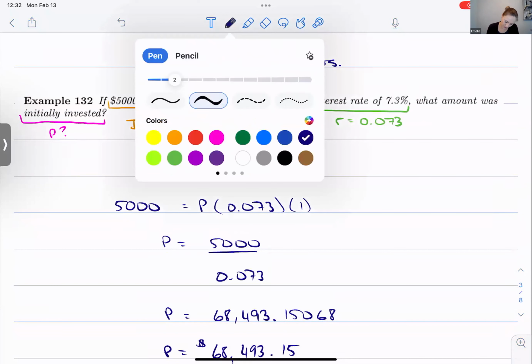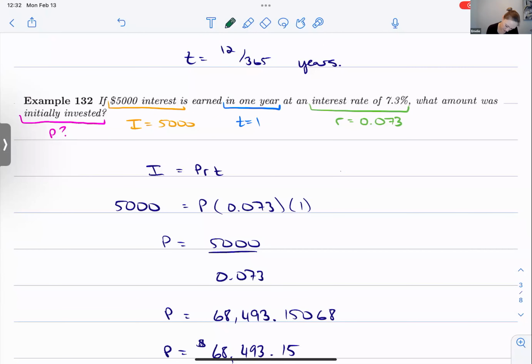So what could we have done here instead? If you solve for P first, just using these variables, then you can just plug in values right away. And you'll see there's not a huge difference here. It is going to be I divided by R times T, which is what we did. Okay. Nice.